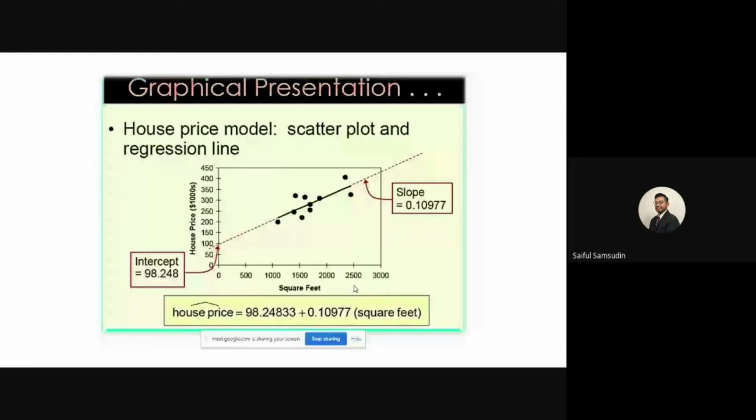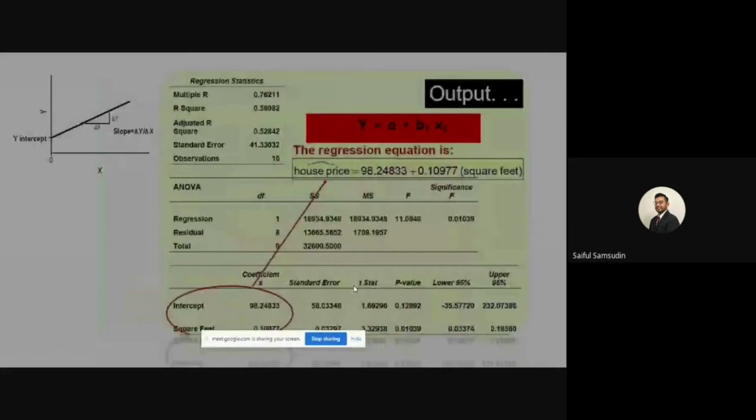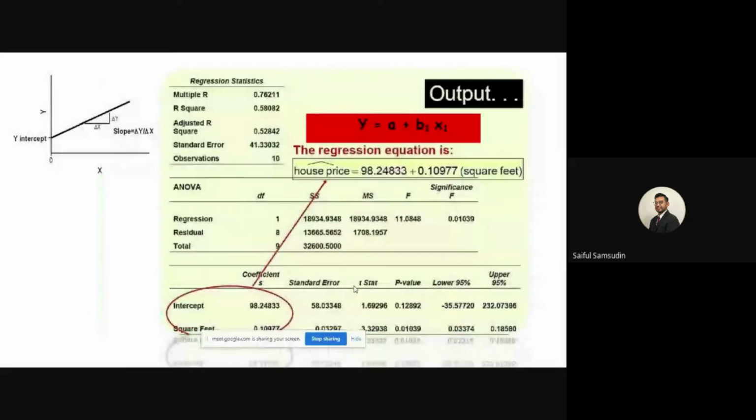The house price model. Okay, let me repeat. From this result, we know that the regression formula is y equals a plus b1 x1. So in this case study, we want to know the house price model.